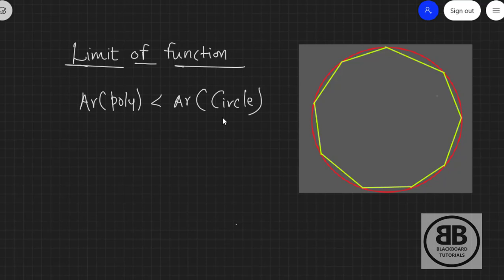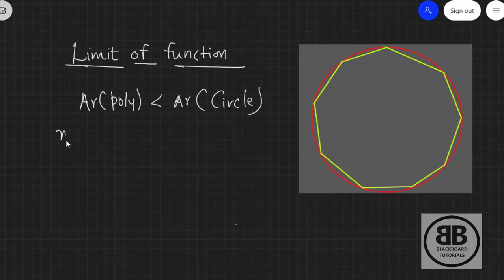But what happens if we increase the number of sides of the polygon? If the number of sides of the polygon is increased, the area of the polygon will be larger, again larger, as we go on increasing the number of sides. But it is always less than the area of the circle.